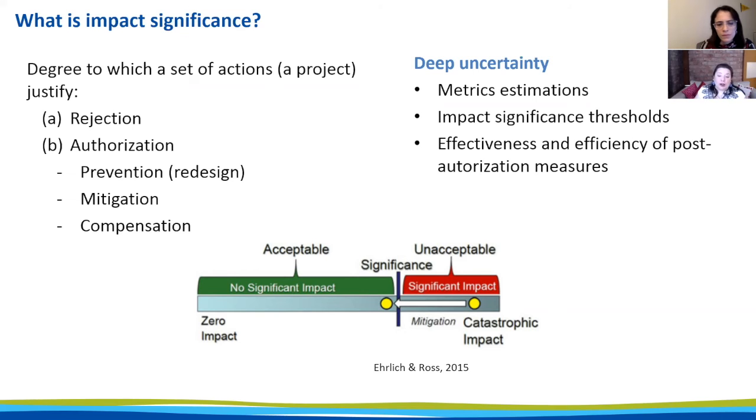One could argue that the main sources of deep uncertainty in EIA are the metric estimations that conform impact significance, the thresholds of what constitutes acceptable versus unacceptable, and the effectiveness and efficiency of the post-authorization measures.